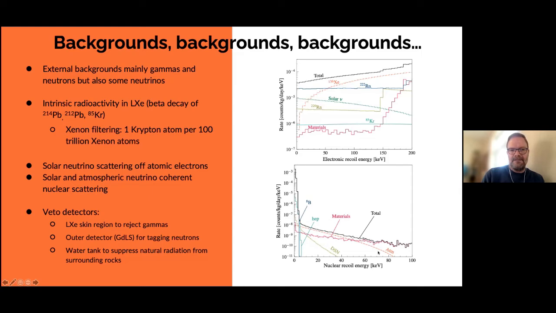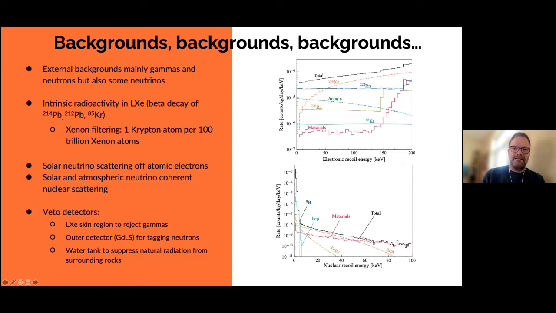Then you have atmospheric background, and then here you have these materials backgrounds, which are relatively flat as you go out to rather high nuclear recoil energies. If you remember the figure I showed earlier, for a WIMP of 50 to 100 GeV, that spectrum really ends at around 40 keV. So most of the WIMP signal is in this lower range.